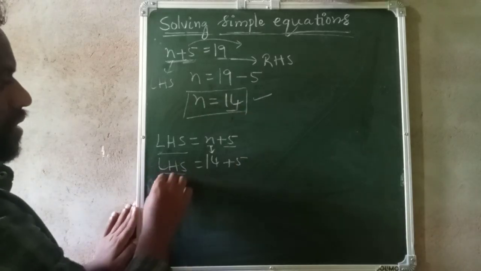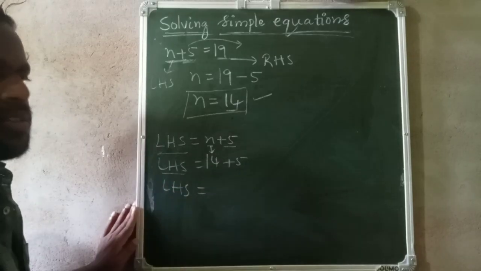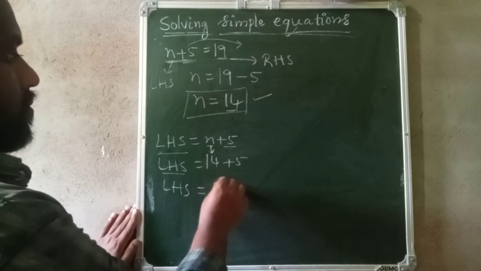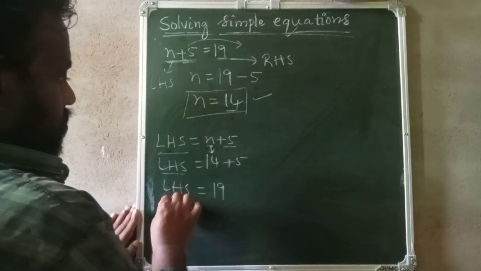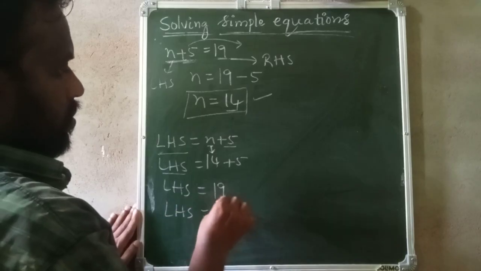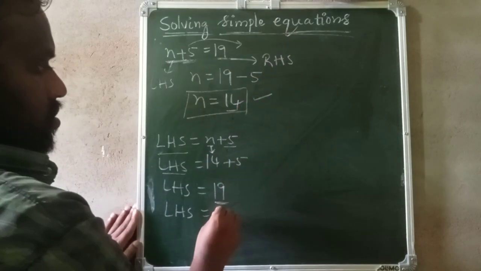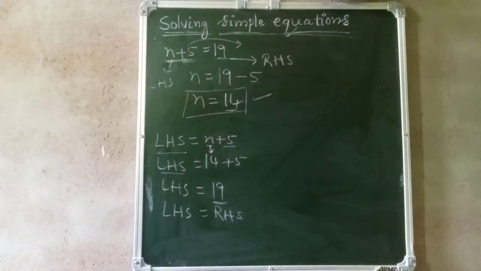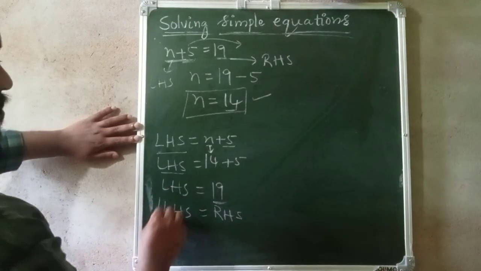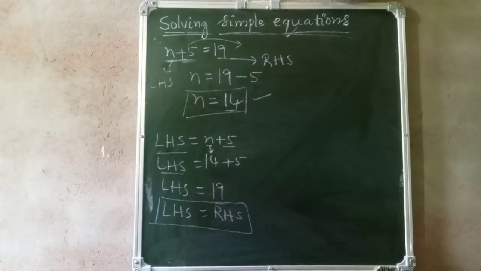So next step, write this LHS is equal to 14 plus 5 is how much? 19. So next step, LHS is equal to 19 is what? So 19 is RHS. You can see LHS is equal to RHS.